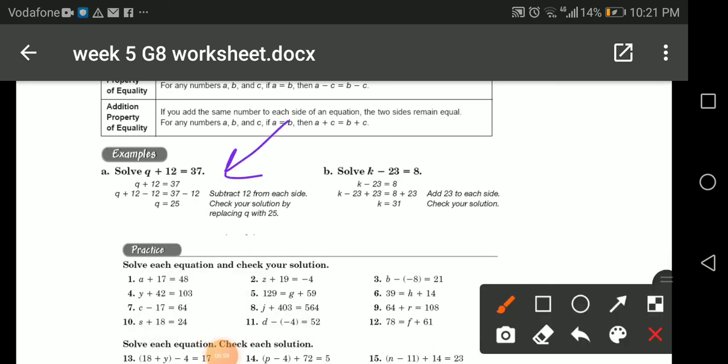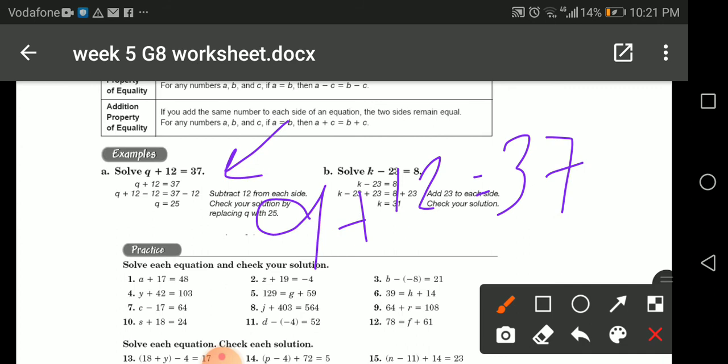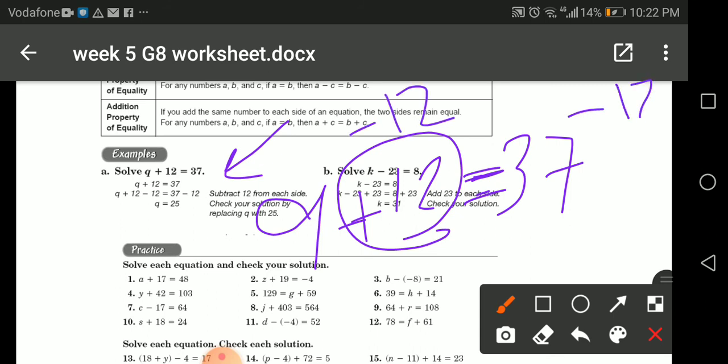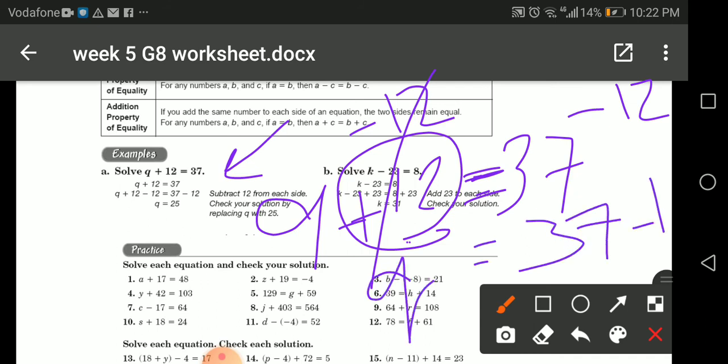Solve q plus 12 equals 37. If I want to get rid of this positive 12, I write negative 12 here and negative 12 here, to get rid of this positive 12. So q equals 37 minus 12.